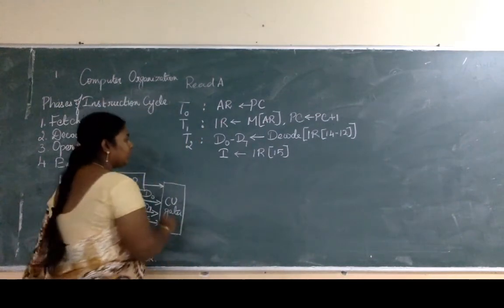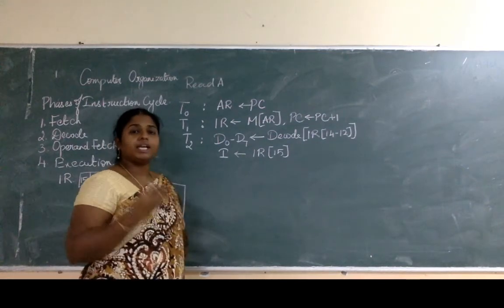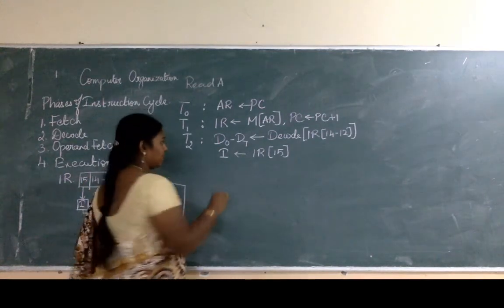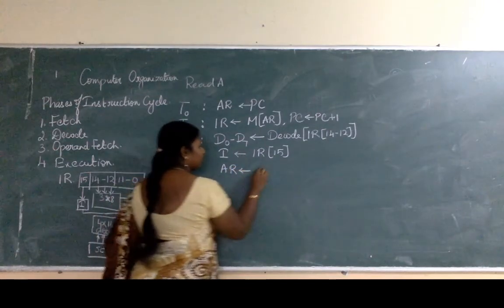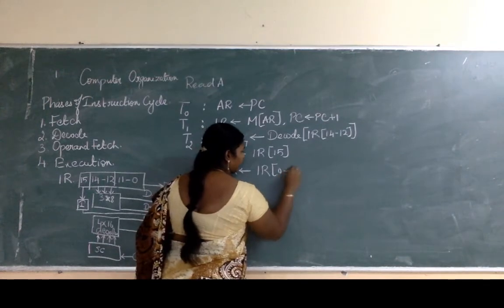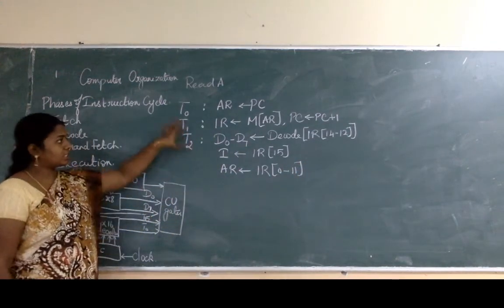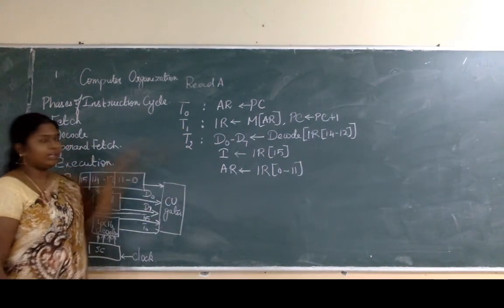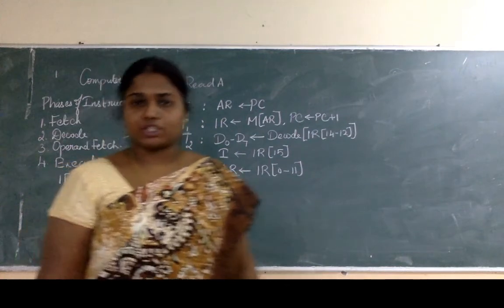So every time we try to access a memory location, it's always through the address register. I'm going to move that content into the address register. So bits 0 to 11 are moved inside the address register. So this T0, T1 and T2 are going to be common for all types of instructions.